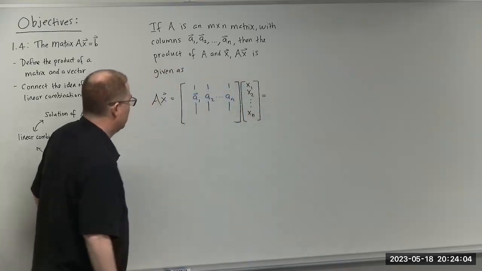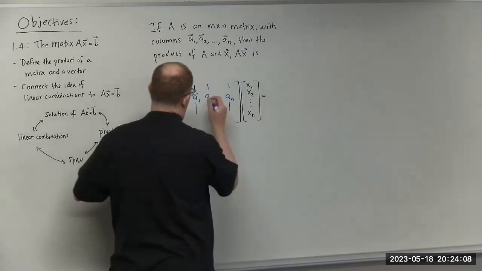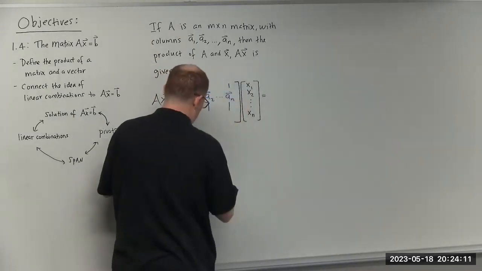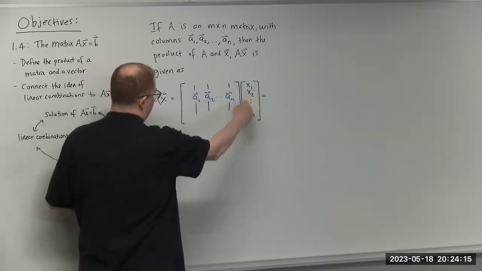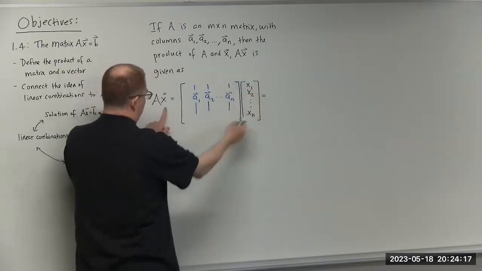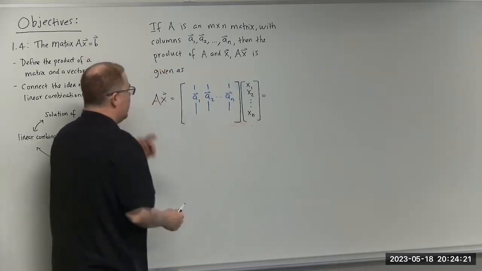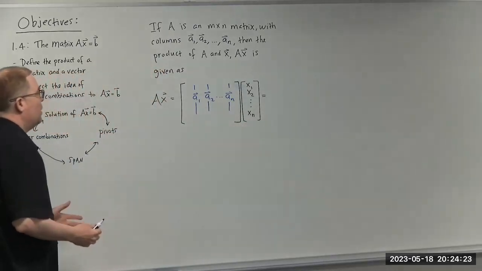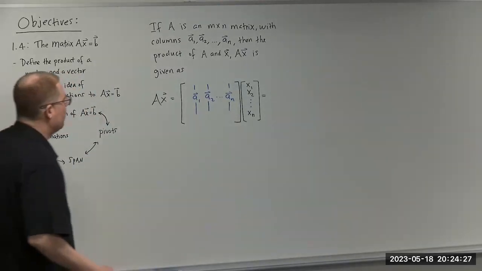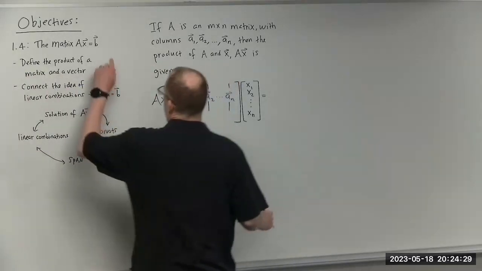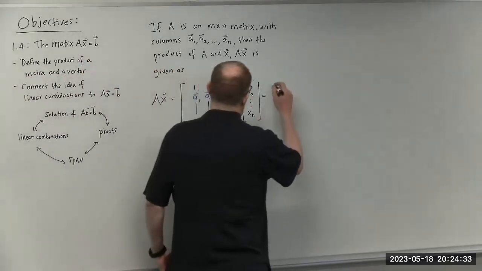All right, and so we have our matrix here that consists of column vectors, and then this is the vector X. So we have matrix A and the vector X here. And when we multiply them together, we end up getting a vector, and we're going to call that B.